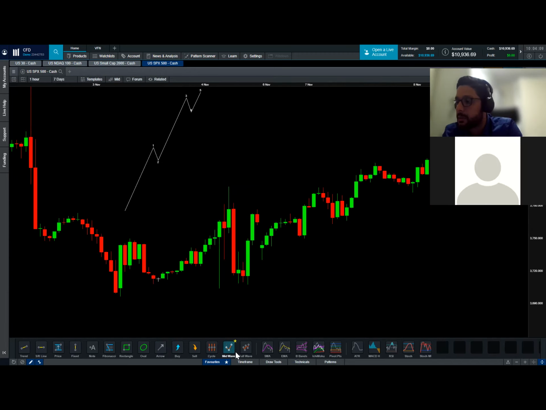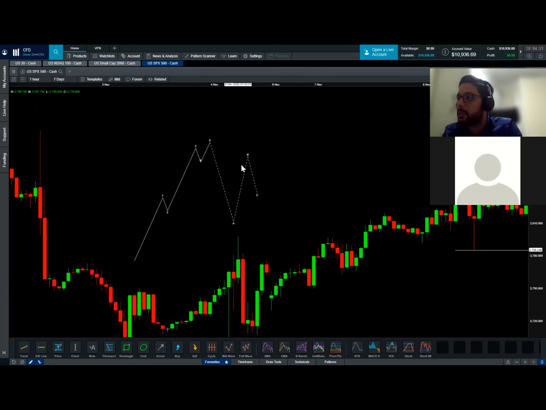Then coming down sharply to this area, and then going back up, right? Then going back up, make a higher high, then coming back down to this area, to FL.